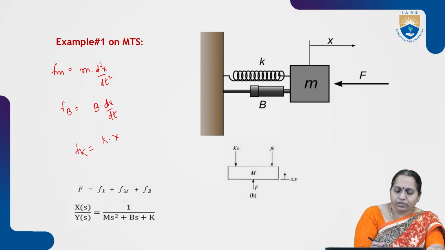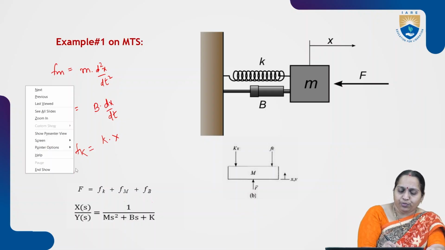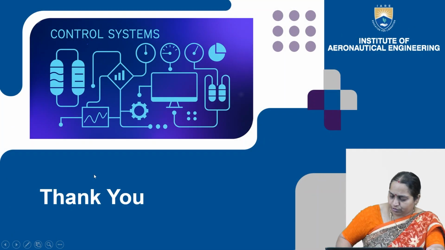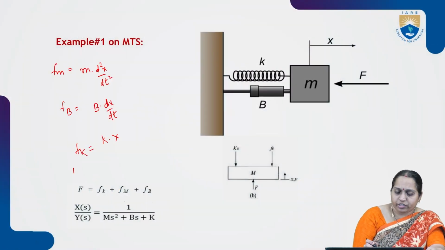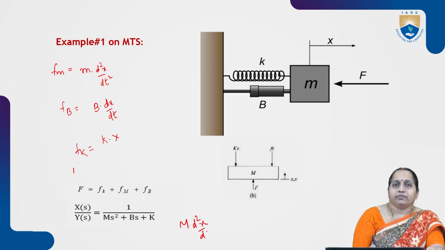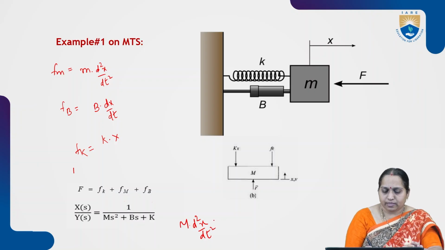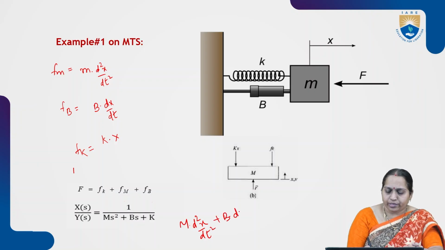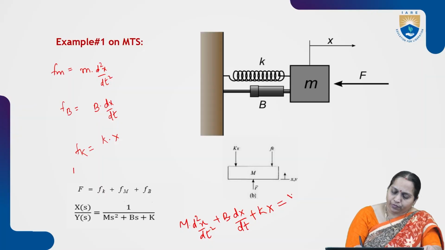So adding up all these forces, we get m into d square x by dt square plus b into dx by dt plus k into x is equal to y of t.